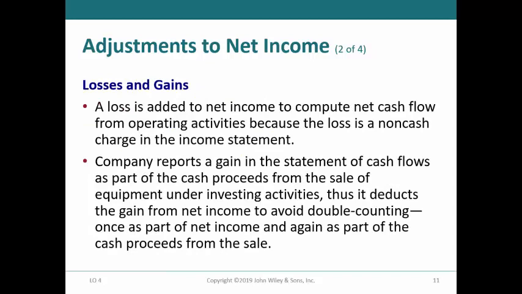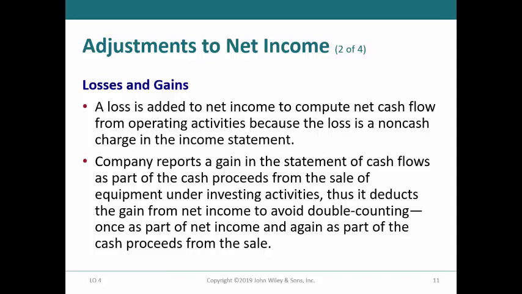Gains and losses on the sale of assets are included in the computation of net income. However, losses should be added back to net income to determine net cash flows from operating activities because they are non-cash. Gains do represent cash, but since the proceeds from the sale of long-term assets and investments are included in the investing activities section, they should be subtracted from net income in the operating activities section to prevent their double counting.